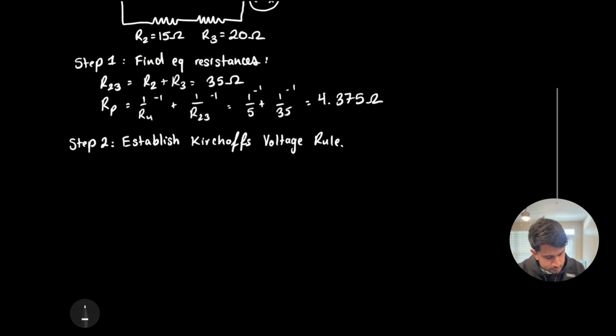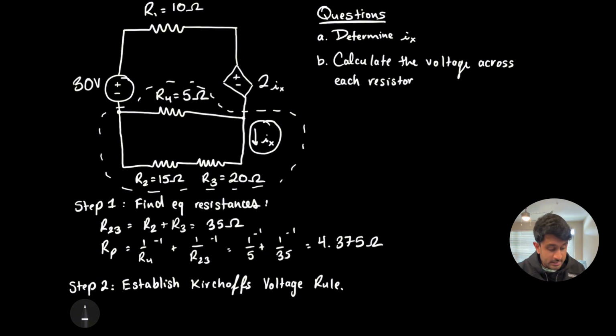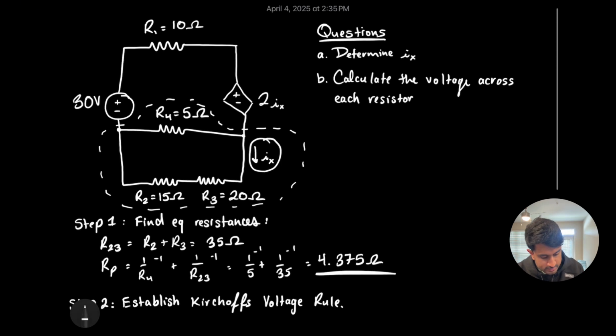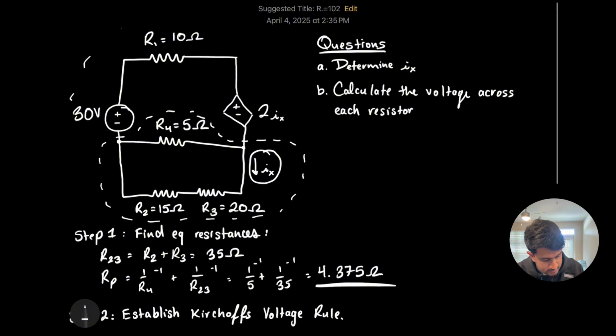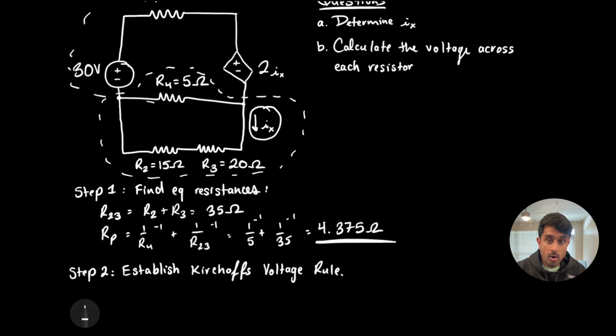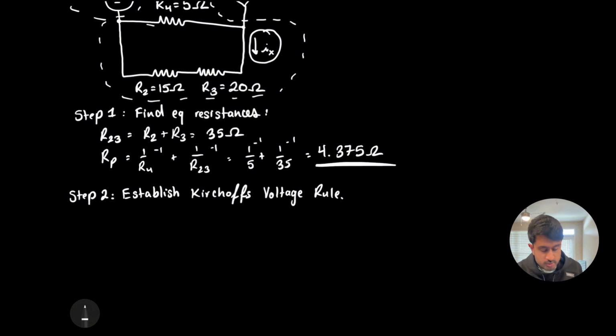Since we already have the parallel combination of this entire part of the circuit, we can boil that entire thing down to this one resistor of 4.375 ohms, meaning that we can tackle the remaining part of the circuit now. Since we're following Kirchhoff's voltage rule, the sum of all voltages over that one loop must be equal to 0. So the equation of Kirchhoff's voltage rule is going to look something like this.